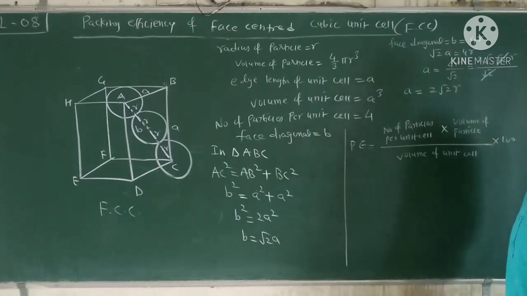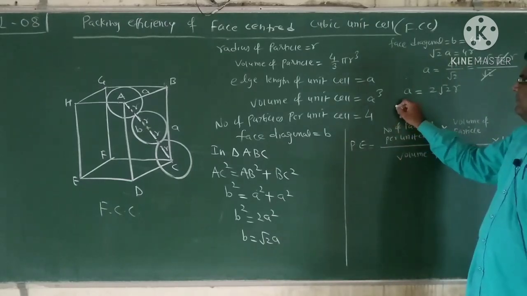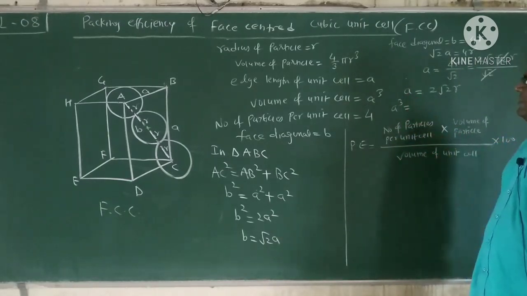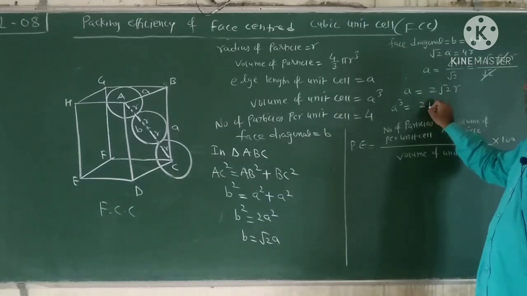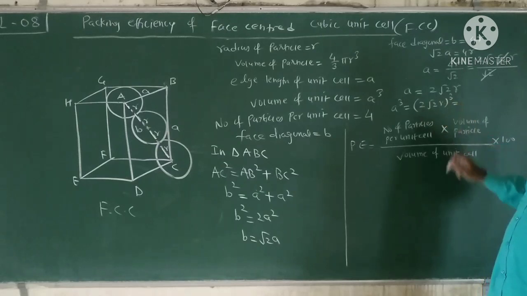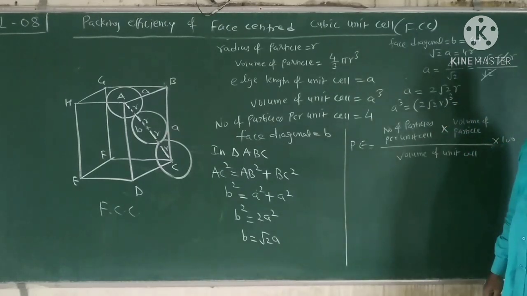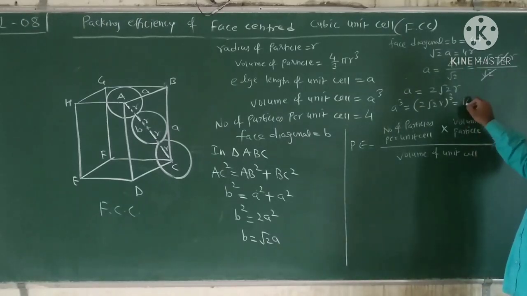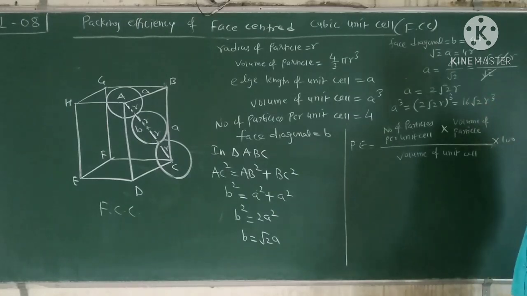This is the value of A. So what is A cube then? A cube is equal to 2 root 2 r whole cube. 2 cube is 8 and root 2 cube is 2 root 2. So 8 into 2 is 16 square root of 2 r cube.